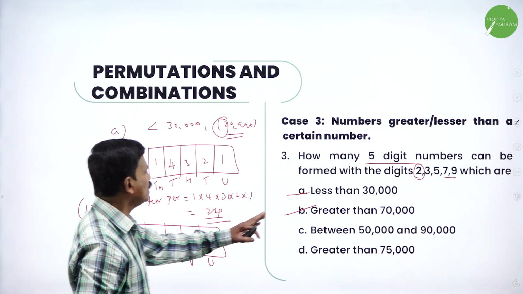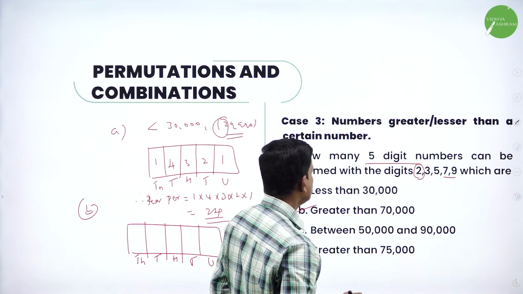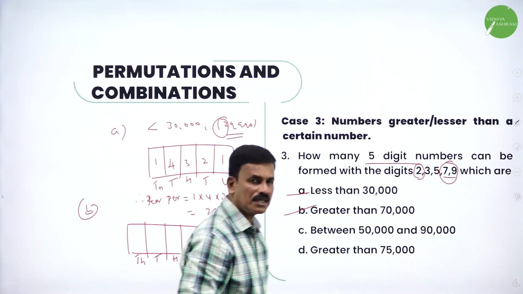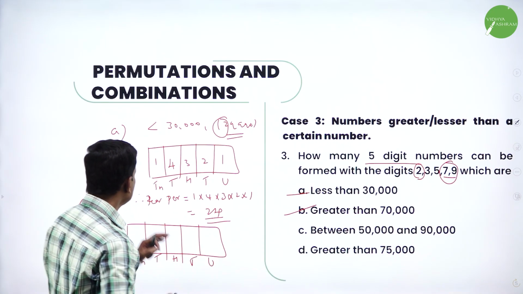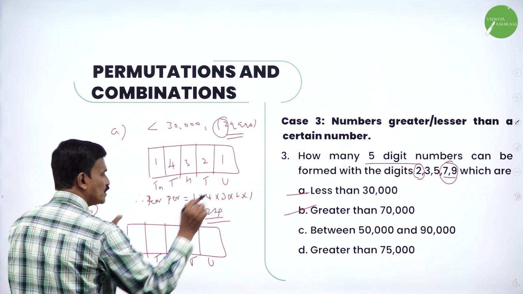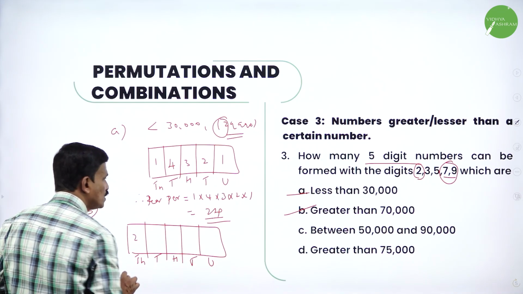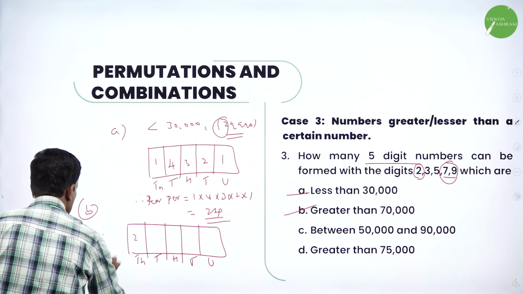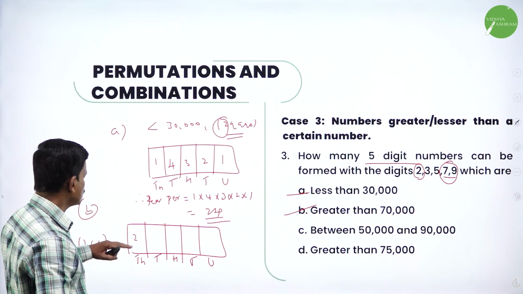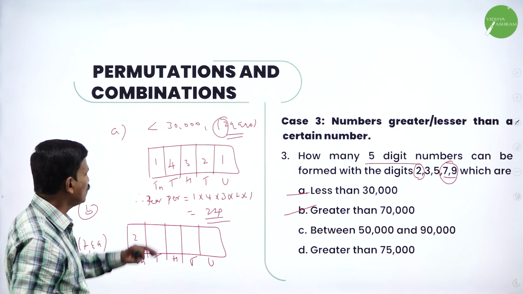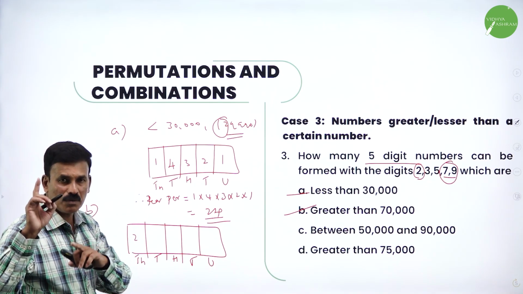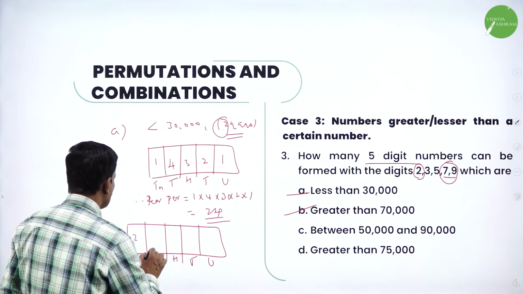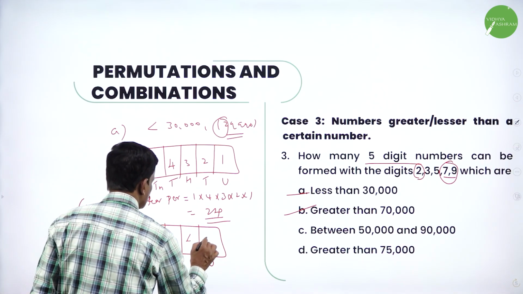See, greater than 70,000 means we can make use of these two numbers, that is 7 and 9. So the 10,000 place can be filled by 7 and 9. The 10,000 place can be filled by 2 digits, whereas in the previous case it can be filled by only 1 digit, that is 2. The remaining can be filled by 4 into 3 into 2 into 1.